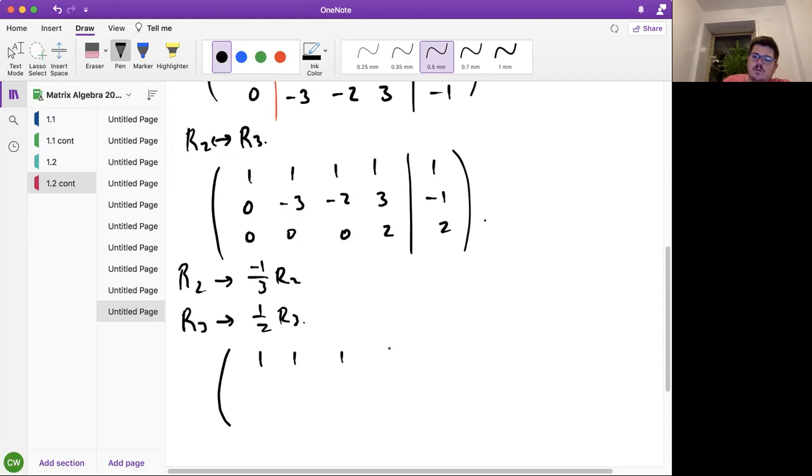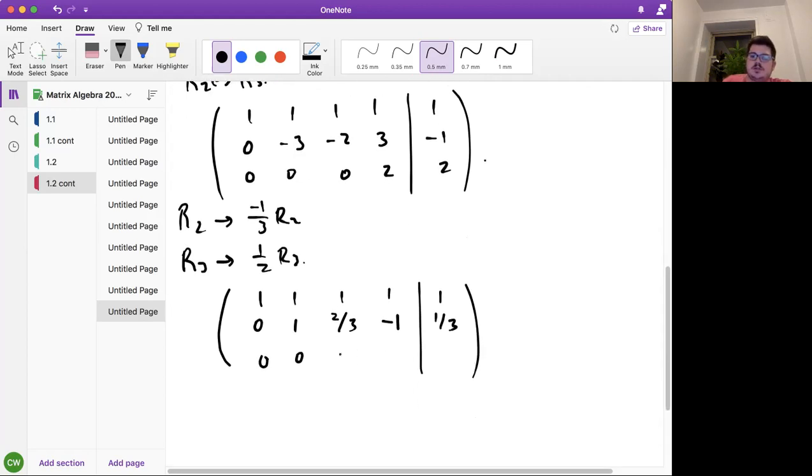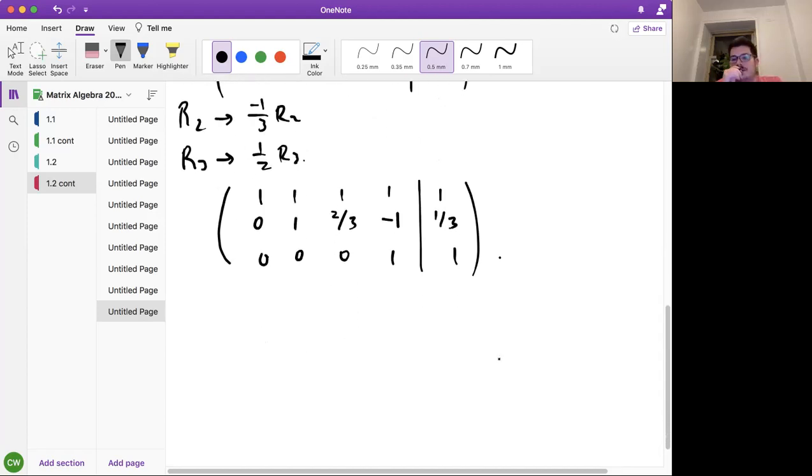1, 1, 1, 1, 1. So 0, 1, 2/3, -1, 1/3. And this is 0, 0, 0, 1, 1. Okay, so now this is in row echelon form. What entries need to be 0 for this to be in reduced row echelon form?